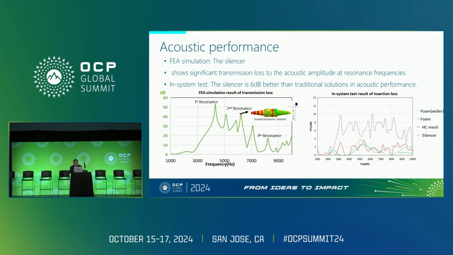As depicted in the figure at the lower right, the black line corresponds to the silencer, the green line to the foam, and the red line to the honeycomb mesh. Our silencer demonstrated a 6 dB improvement in acoustical performance over traditional solutions, a significant enhancement in noise reduction capabilities.